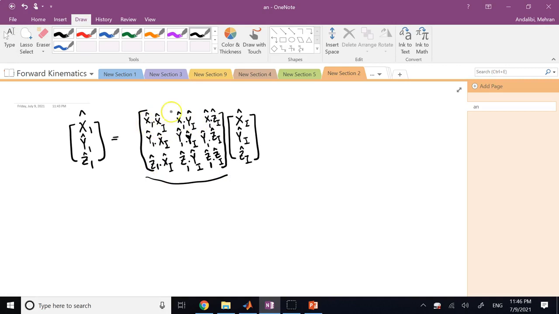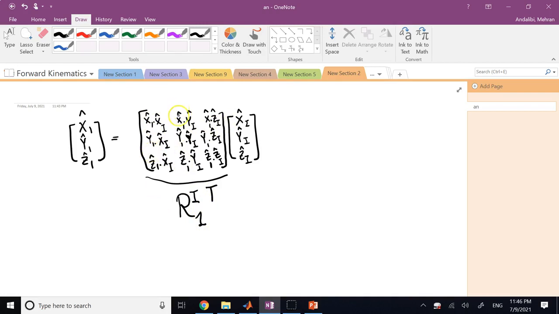Well, if you look at the columns of this and the rows of this, you see it is the same as your rotation matrix of 1 with respect to I, but what? The transpose of it, correct? Because if you remember, in the rotation matrix of 1 with respect to I, each column was all x1, right?